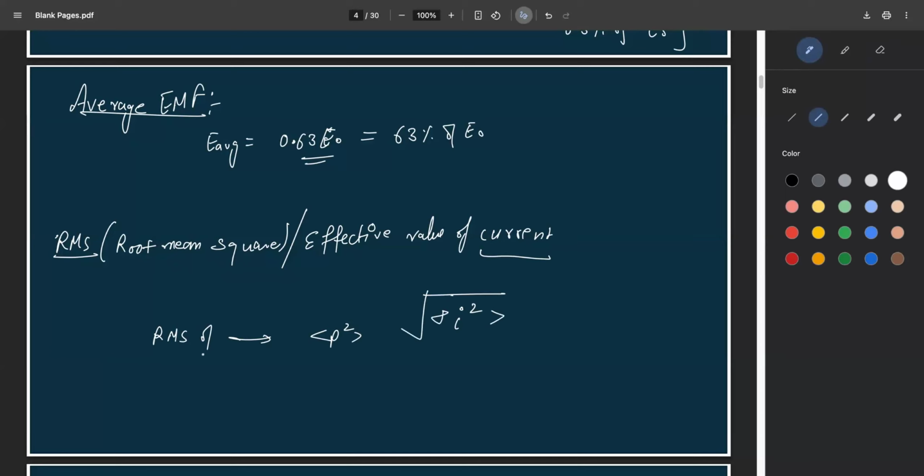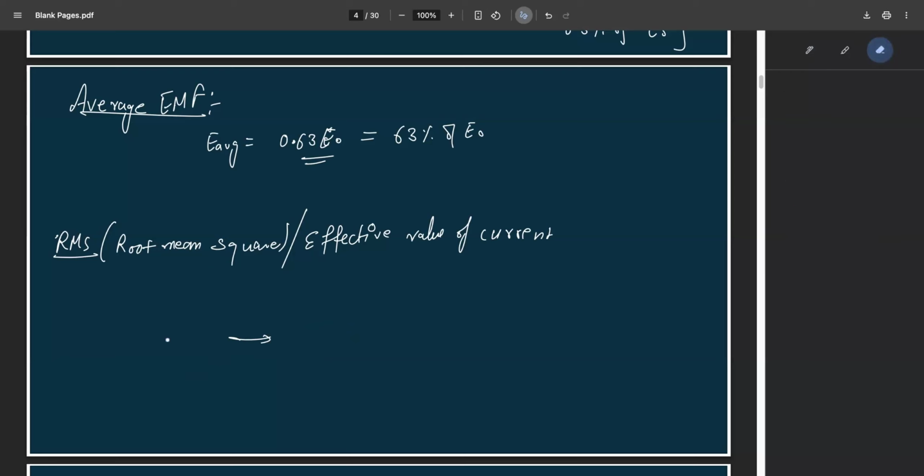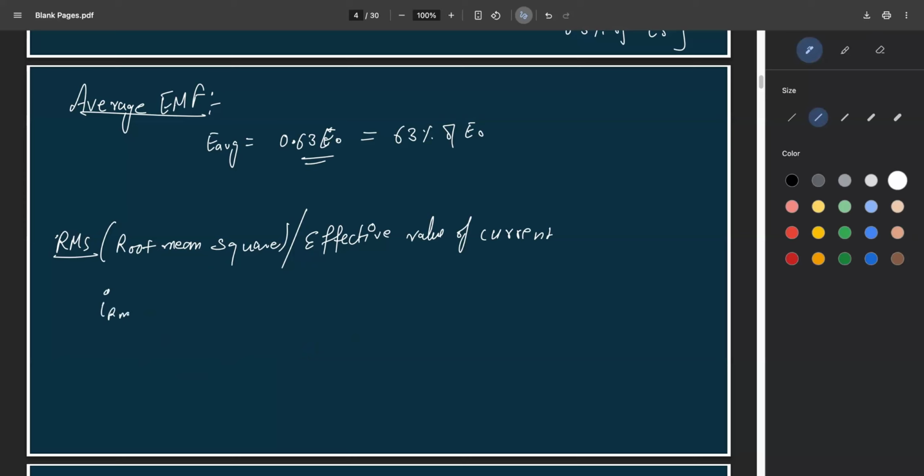So, Krishna, can you try to calculate this RMS current? Look, just look at the symbol over here. This I RMS will be nothing but the square root of the average of your I squares.